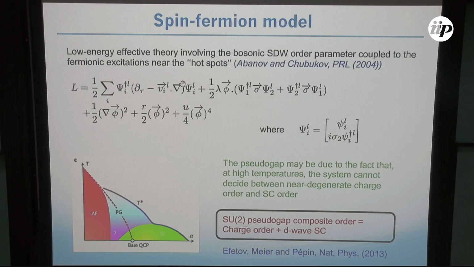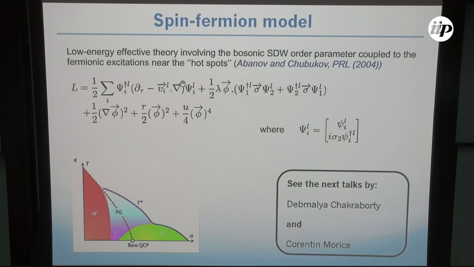So the SU2 pseudogap composite order would be described by a matrix with both charge order and D-wave components. And this, of course, leads to many interesting predictions that will be discussed in the next talks by Demalia and Corentin.